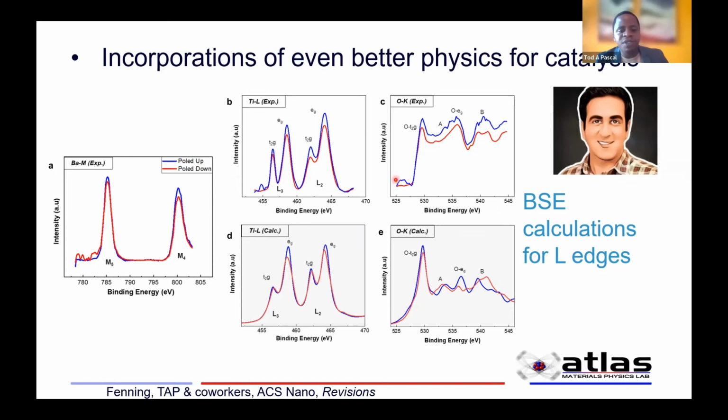We were able to reproduce all of these spectra except the barium M edge, but certainly the titanium L edge and the oxygen K edge, using the Bethe-Salpeter calculation specifically for the L edges, where our DFT approach fails spectacularly. We get really good agreement with the t2g and eg peaks, both for the L3 and L2 features at the titanium L edge, and an overall good agreement at the oxygen K edge.